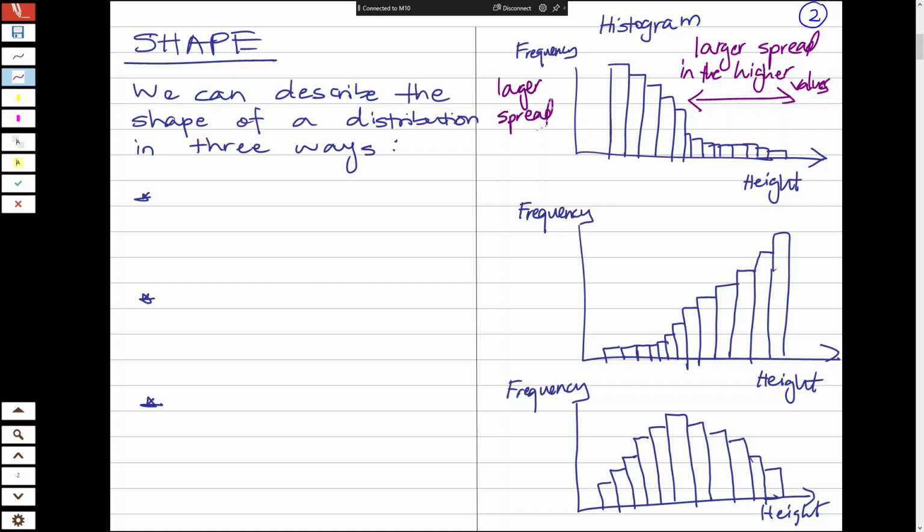So they're the same thing. And we're going to call this first one positively skewed. Hands up if you've come across this term before in maths. Okay, one person. Okay, thanks, buddy.